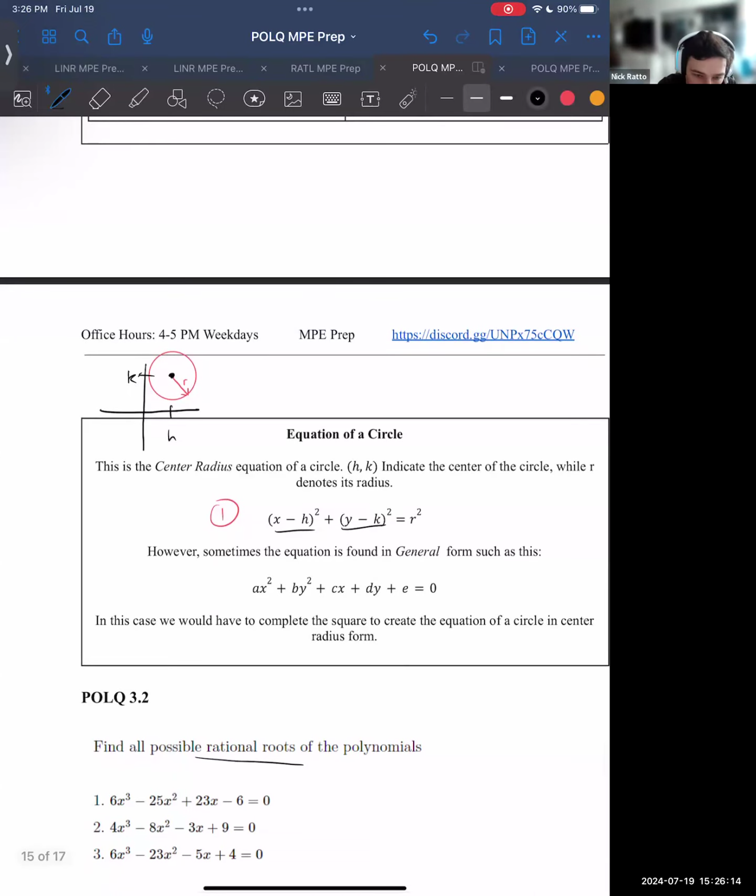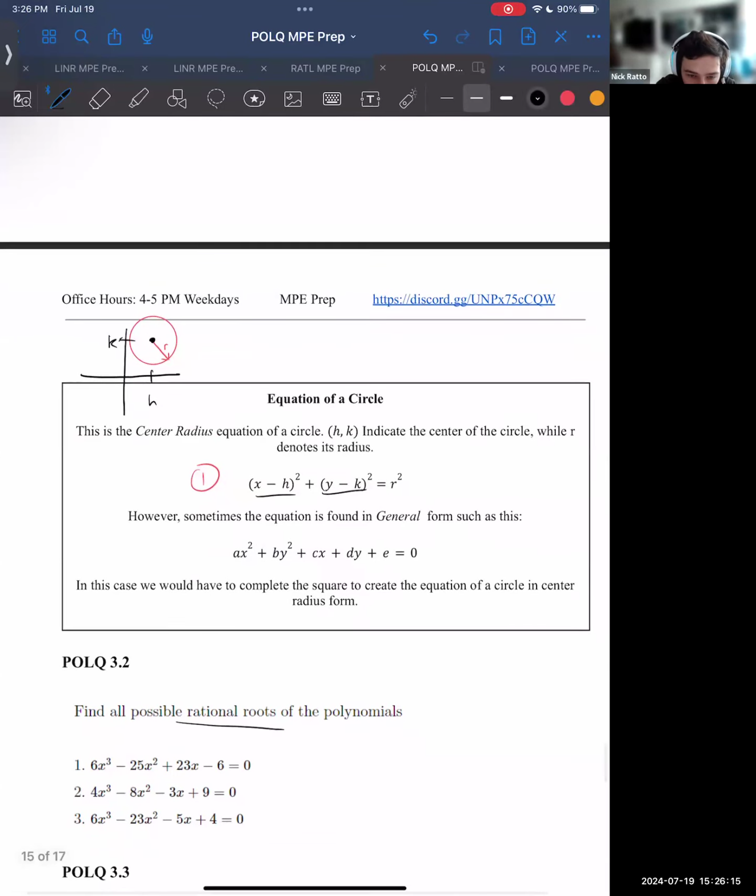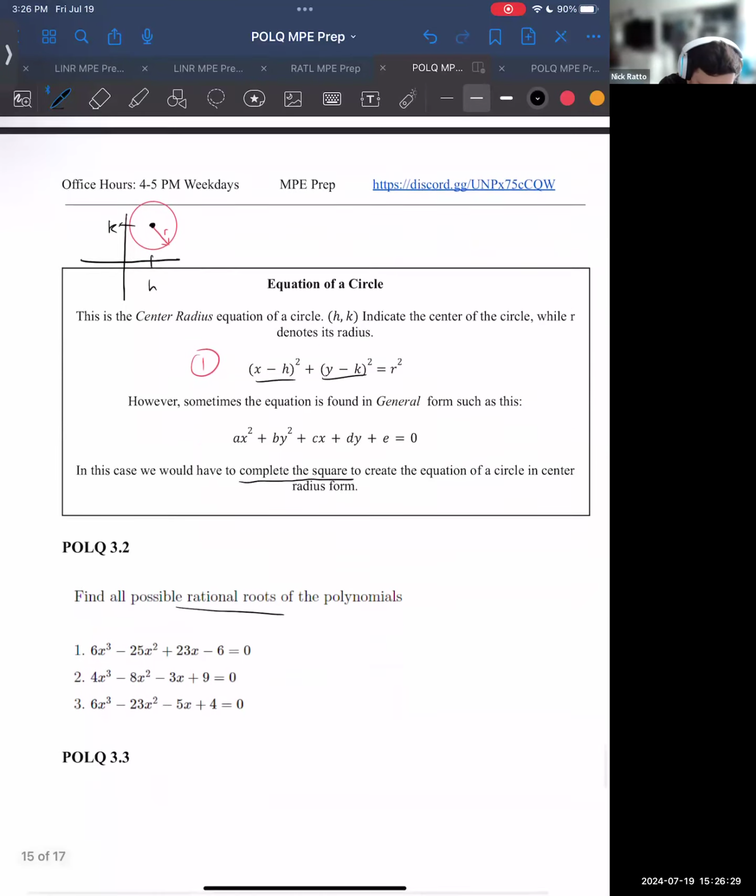Although interesting to note, if you did have it in this form, you would probably have to do some kind of completing the square to get it to the other form, which maybe makes sense based on the format.